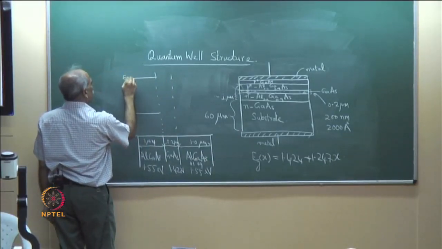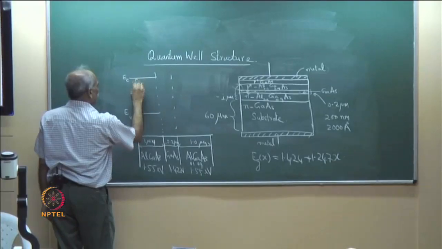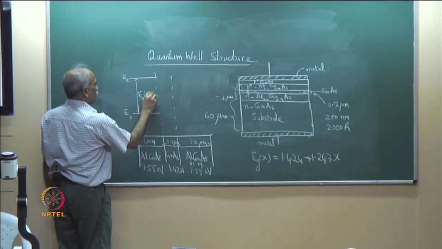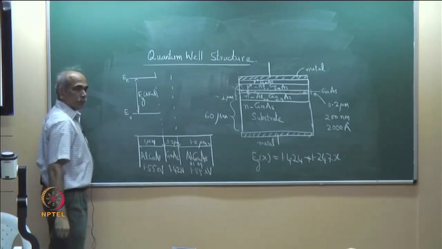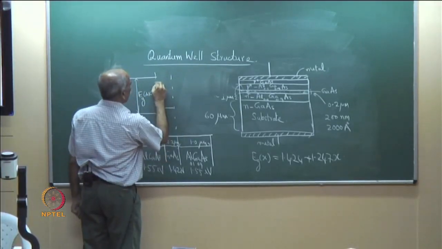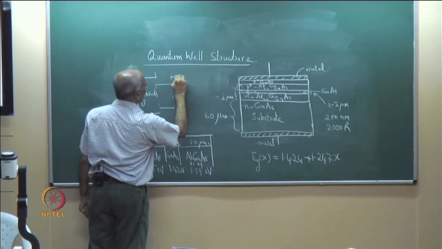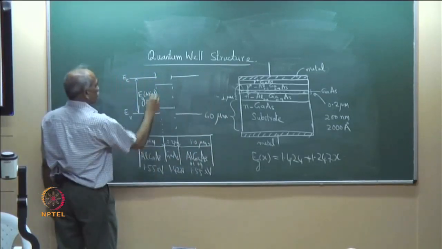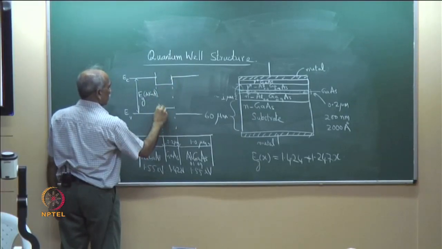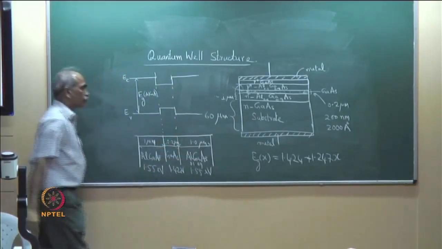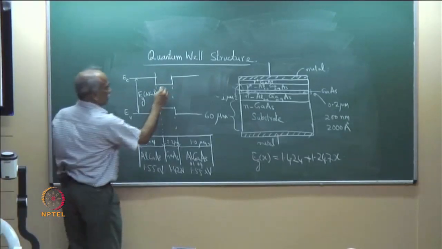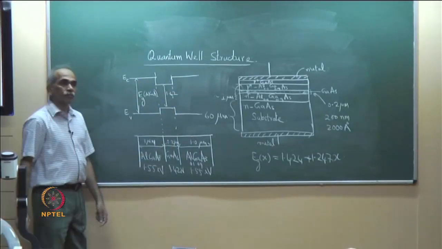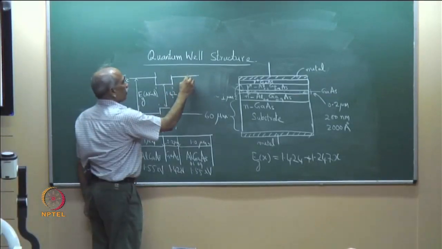This is Ec, Ev, and this is Eg of aluminum gallium arsenide, that is 1.55, and this is gallium arsenide, 1.4, and this is again 1.55.